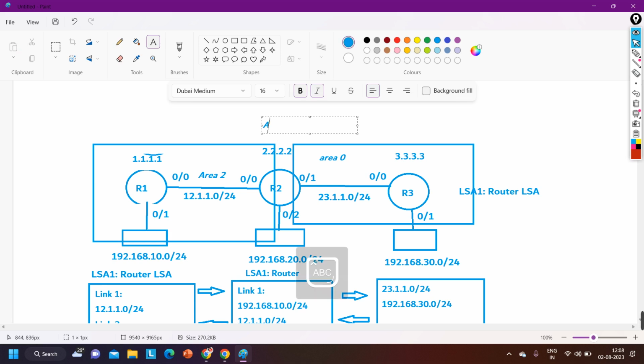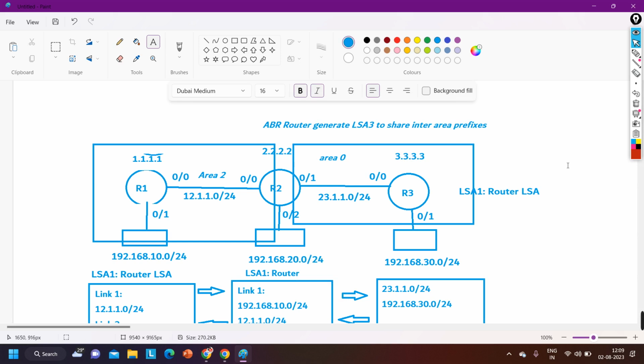ABR router generates LSA3 to share inter area prefixes. Getting my point?